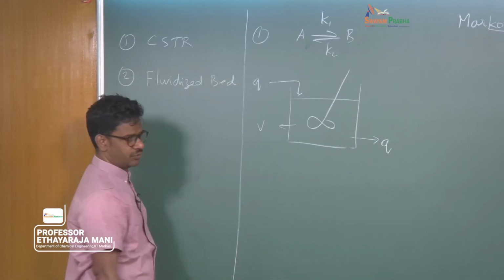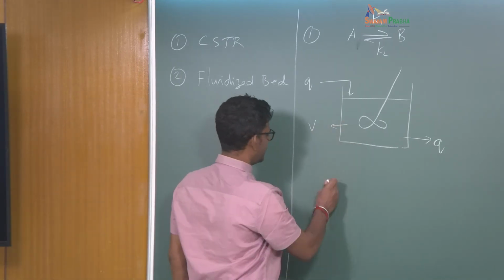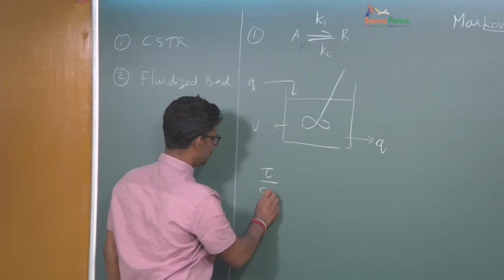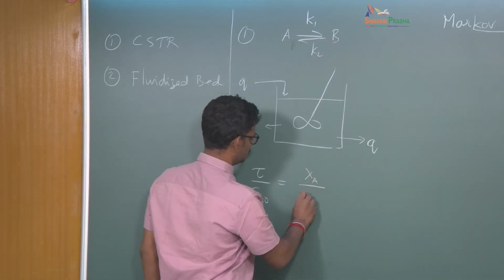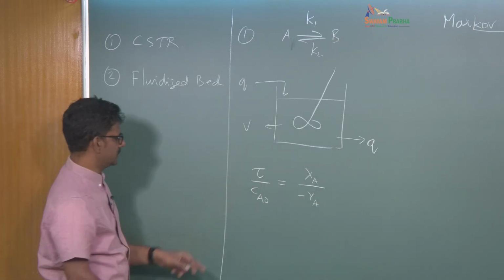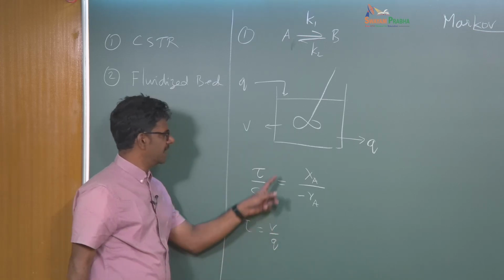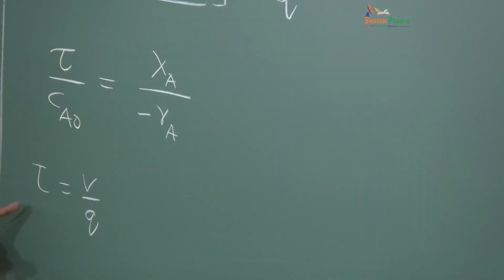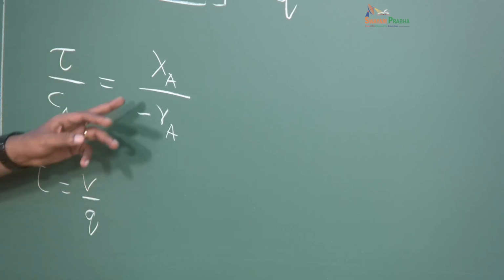So our traditional CRE reactor approach is to write a design equation at a steady state, something like this, where tau is V by Q, the volume of the reactor divided by the volumetric flow rate. You get space time. Ca naught would be the initial concentration, and then you have conversion.